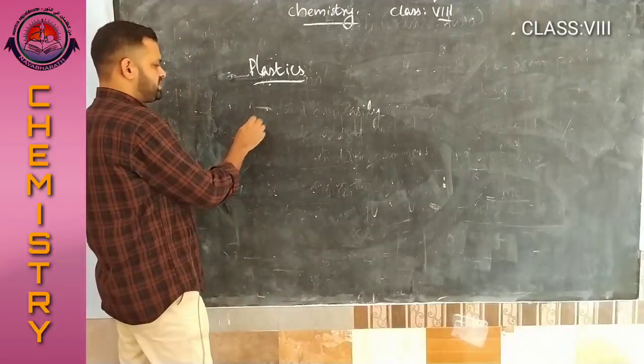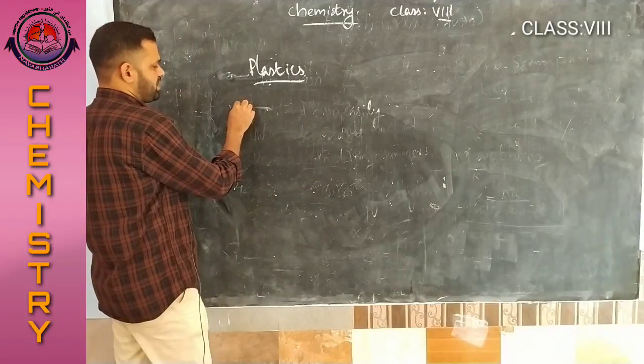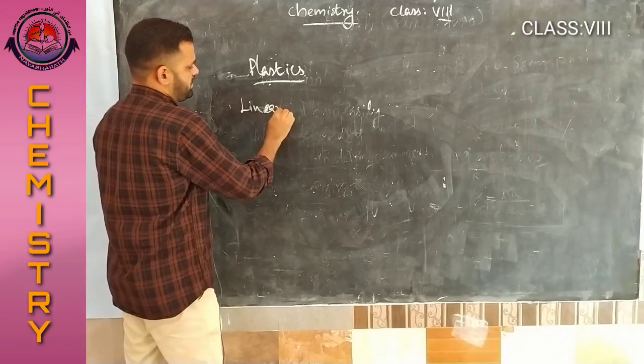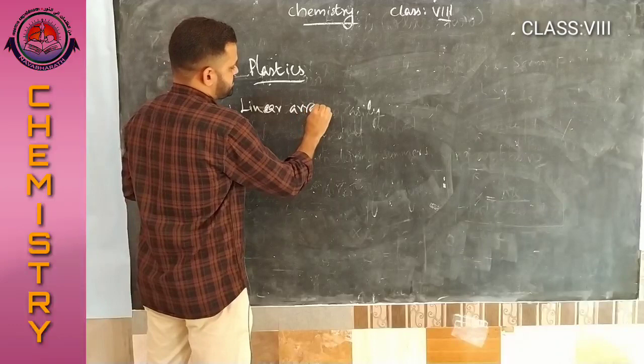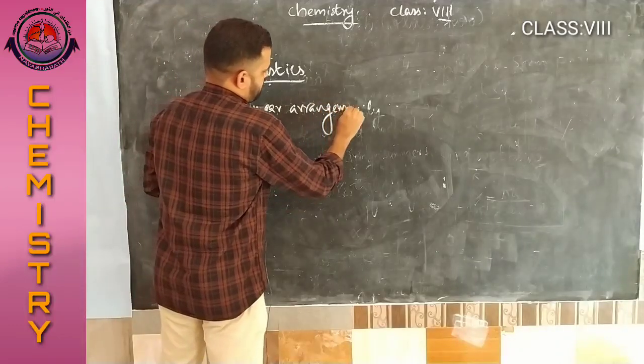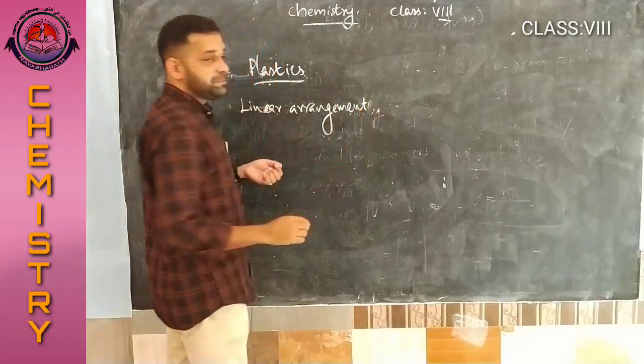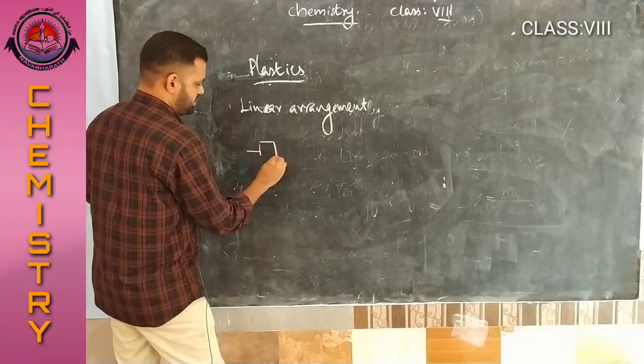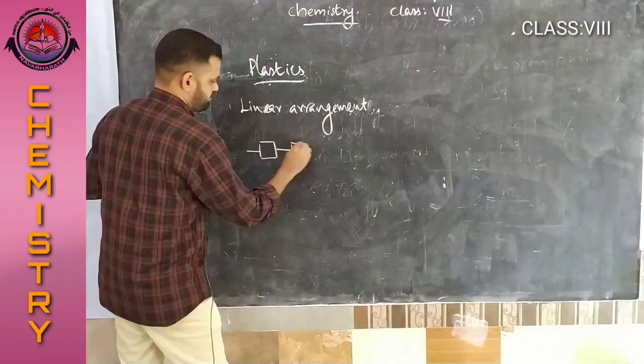Some of the plastics have a linear arrangement of monomer units, and we can represent it like this.